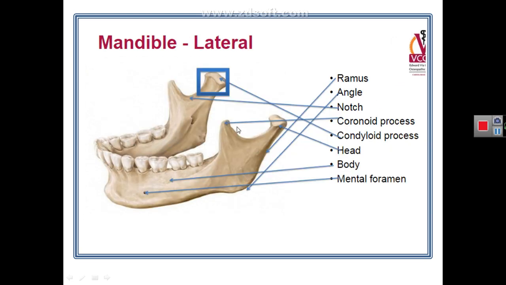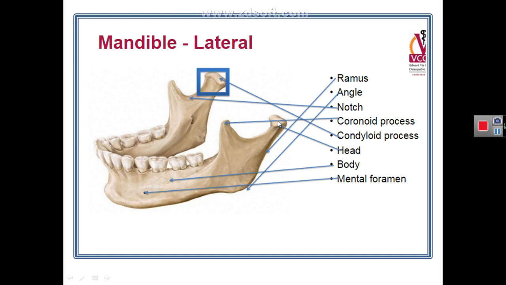The ramus of the mandible is quadrilateral. Its anterior border continues with the oblique line of the body. Its superior border forms a mandibular notch that projects anteriorly as the coronoid process and posteriorly as the condyloid process. The condyloid process is formed of a head, and below the head is the neck.